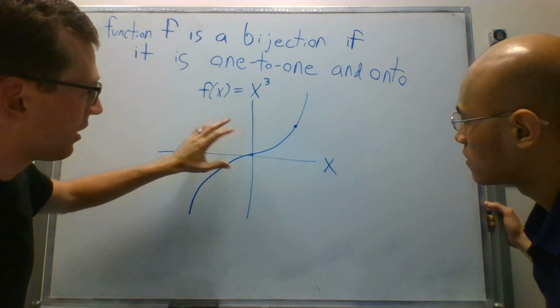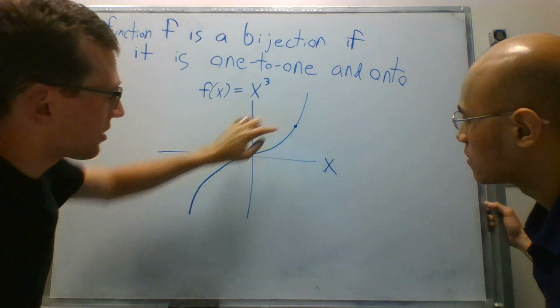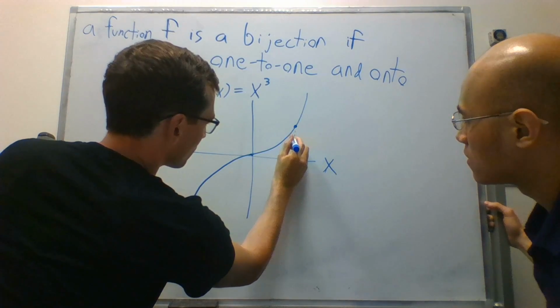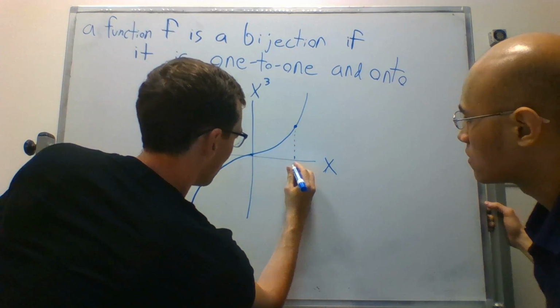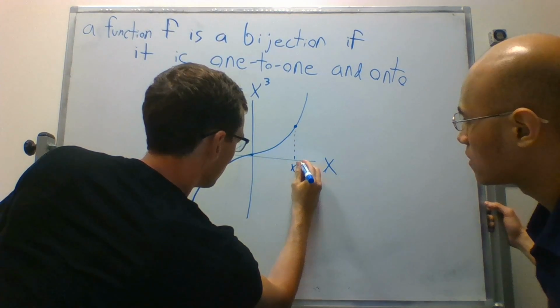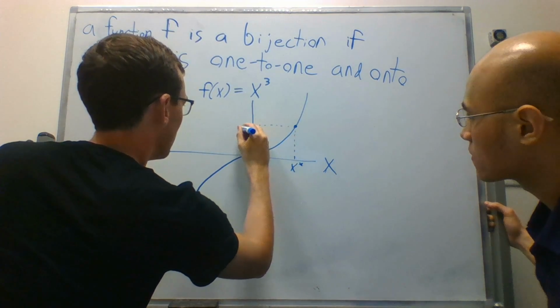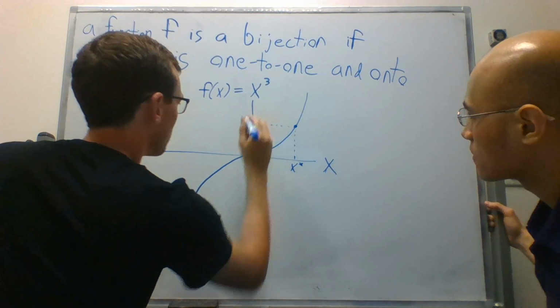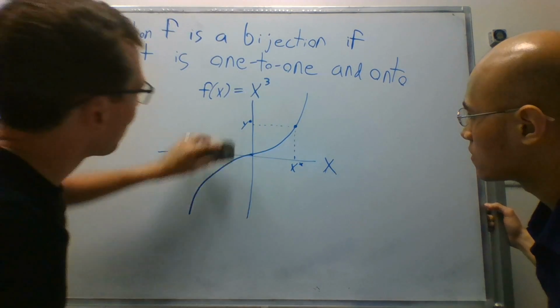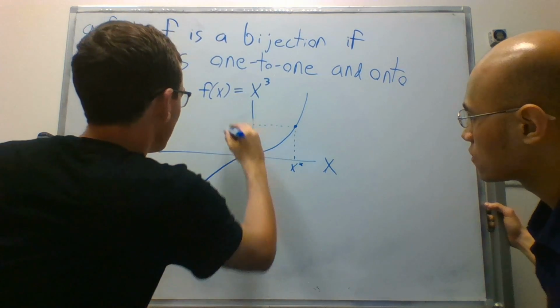Well, to me it looks like x needs to be equal to, we'll call that x star, to y star. So let's say y star. Yeah. Or f of x star, just to make it a little nicer.